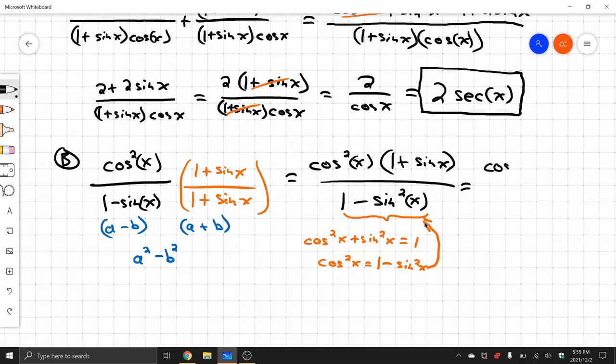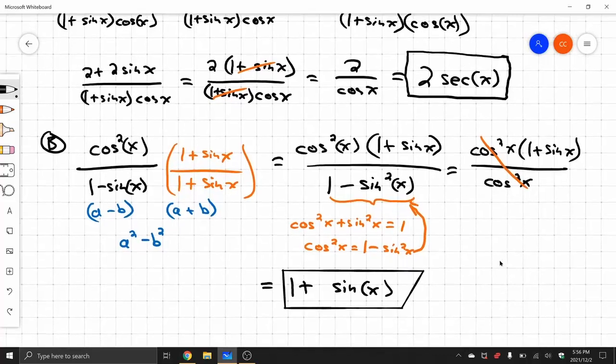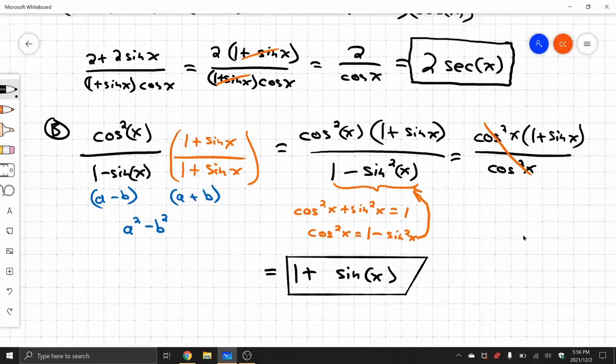So I'll have cosine squared x times 1 plus sine of x, all over cosine squared x. And we'll see that my cosine squared x's will cancel out, and I'm left with just 1 plus the sine of x. Okay, so that is how I might simplify in order to eliminate a denominator. If any of that was confusing, feel free to re-watch the video. And if it's still confusing, then you can come ask me for questions later.